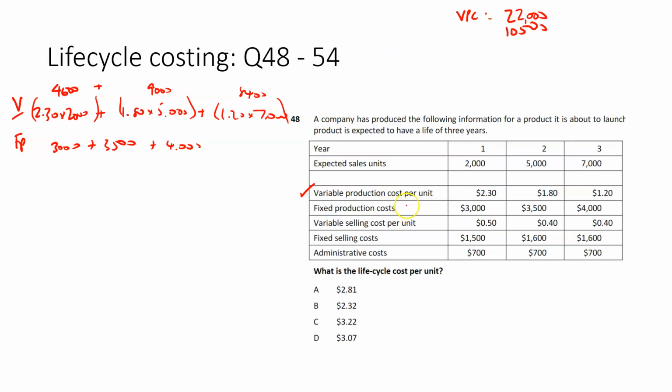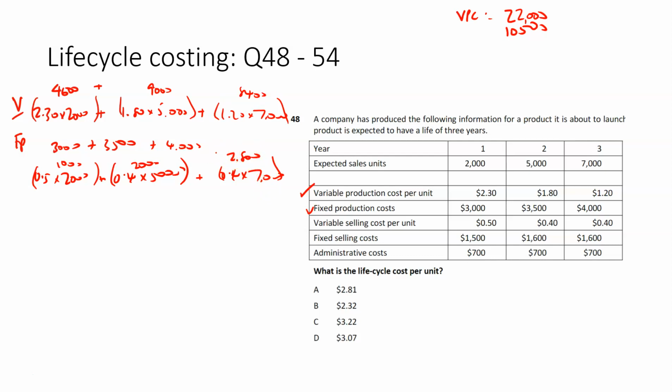Then the next cost down the line is the variable selling cost per unit. So I have 0.5 times 2,000, which is 1,000, plus 0.4 times 5,000, which is 2,000, plus 0.4 times 7,000, which is 2,800.